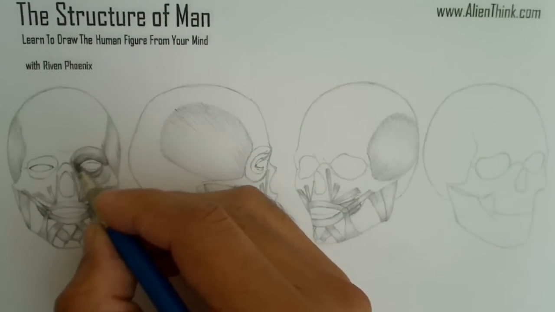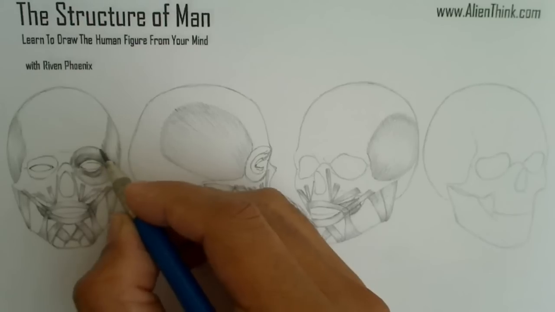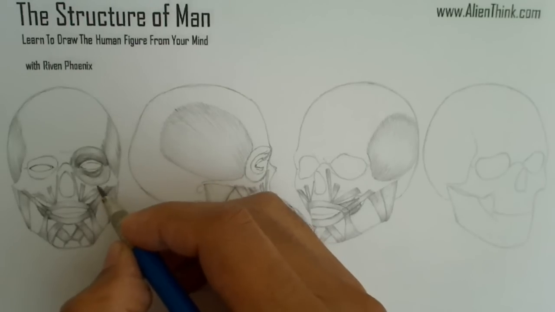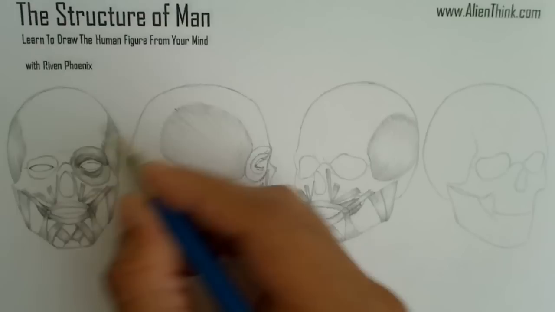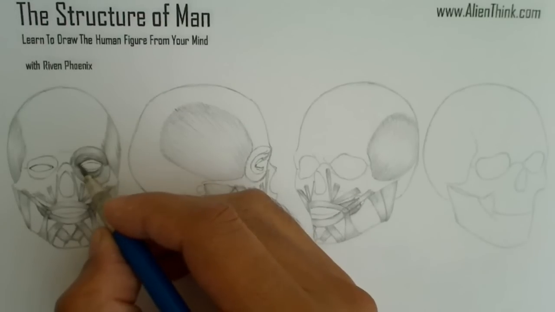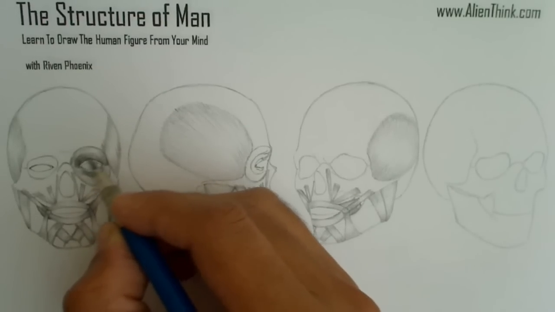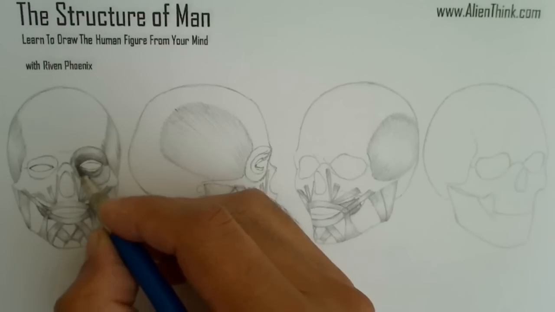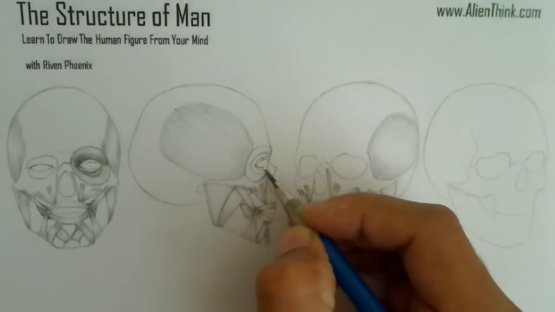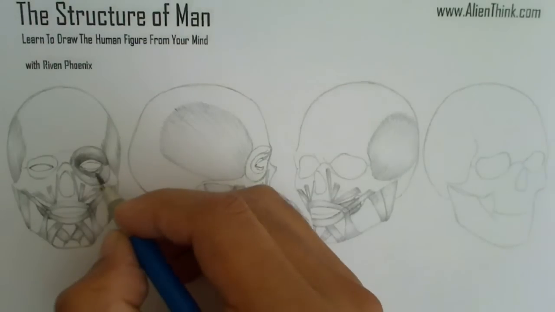Okay, but this is all muscles. So this whole outline that I'm showing you is the outer structure of that muscle. The thing to understand from this is that this area here is going to be all darkish, because it's inside the eye socket.